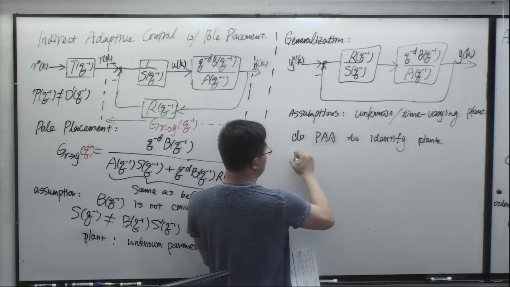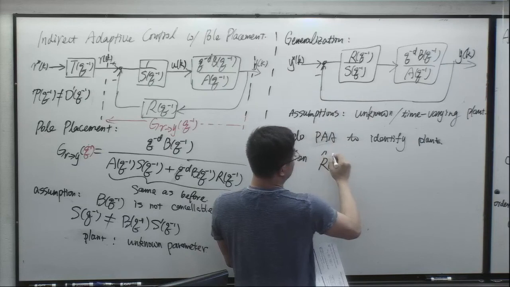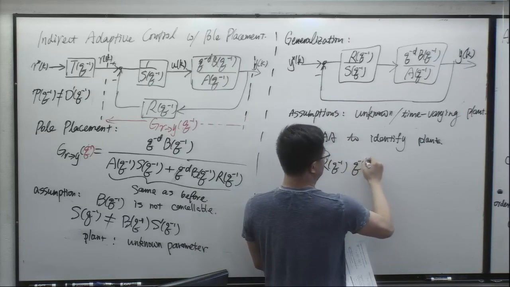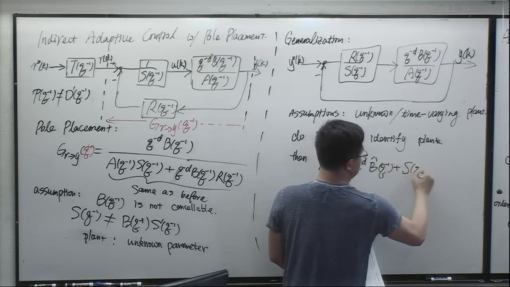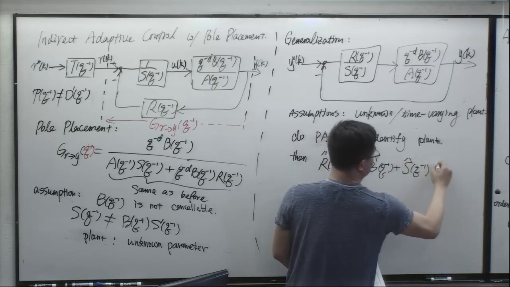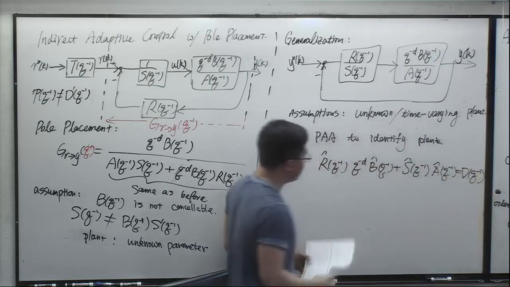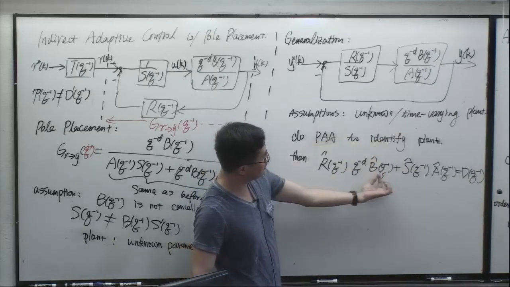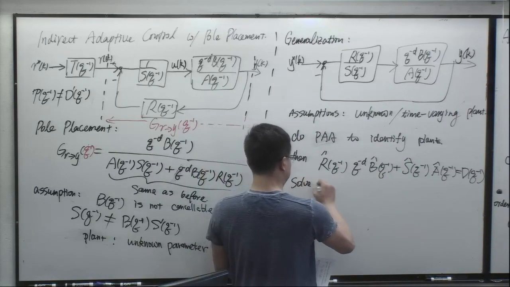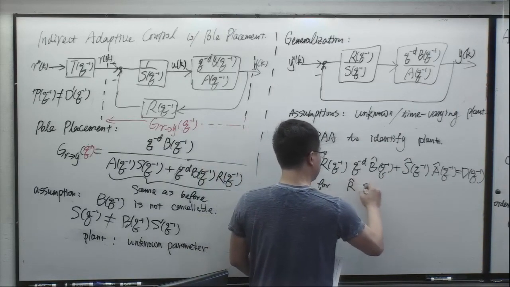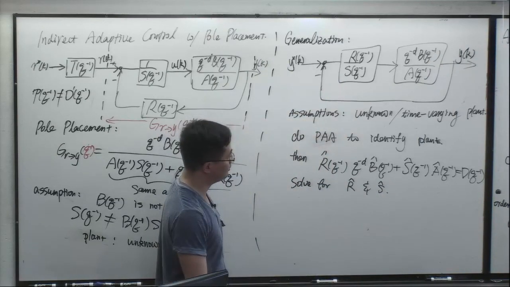And then if we want to do pole placement, we can still use the identified plant models to solve for R and S. And then implement the control structure in here.